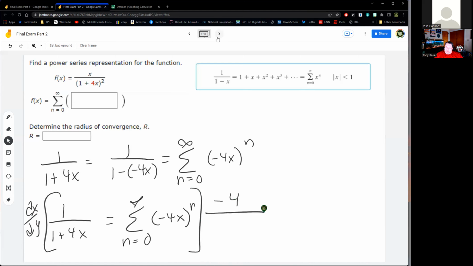I get -4 over 1 plus 4x squared equals, and if I do the derivative of that, I get -4 to the n times n times x to the n minus 1.